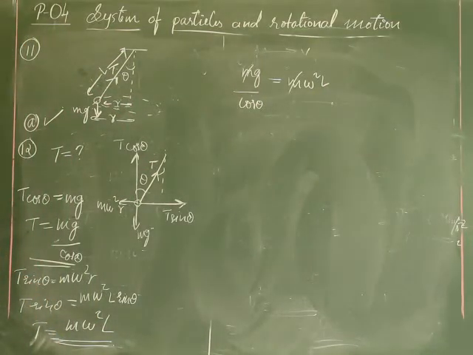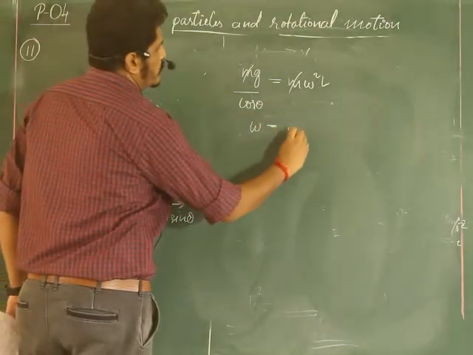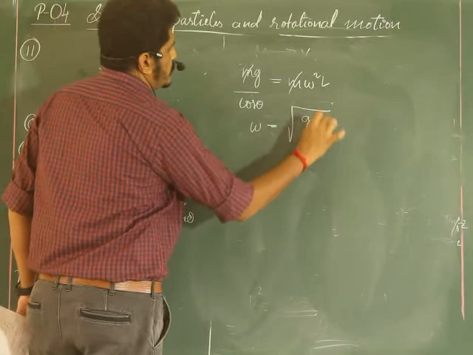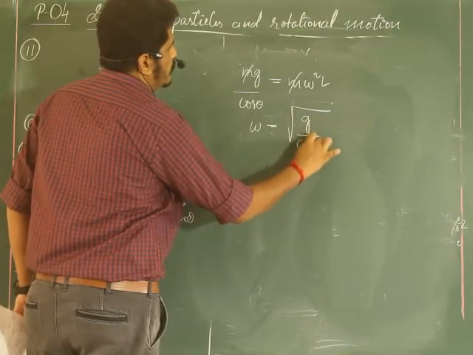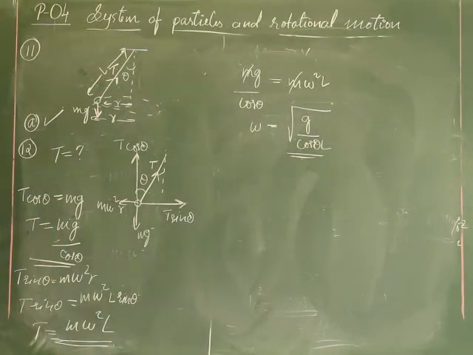Now what is omega? Omega equal to square root of g by cos theta L, or g by L cos theta, like this you will get.